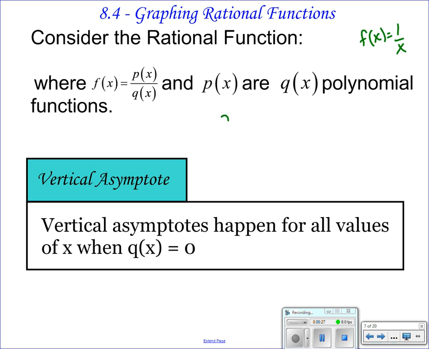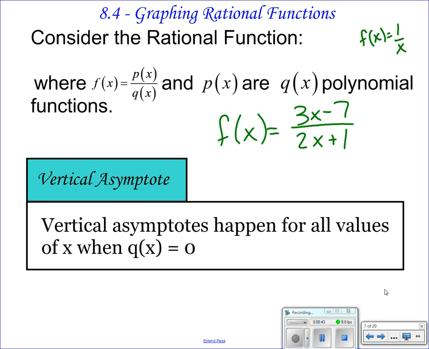A good example of that would be 3x minus 7 over 2x plus 1. So we're going to be graphing examples like that.